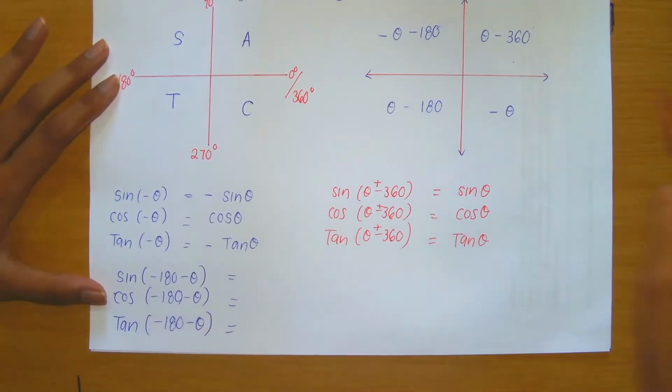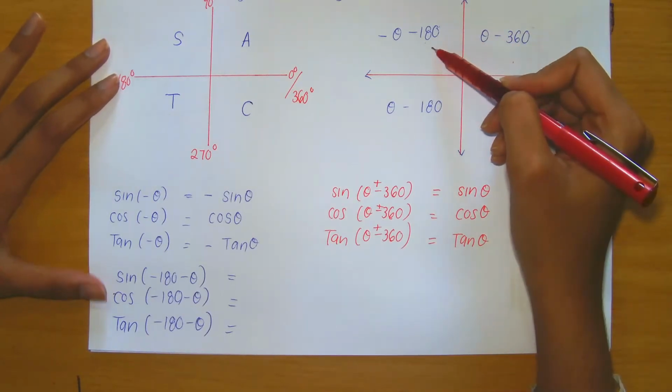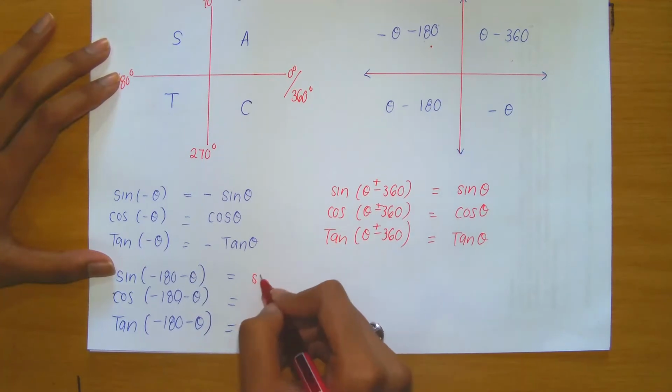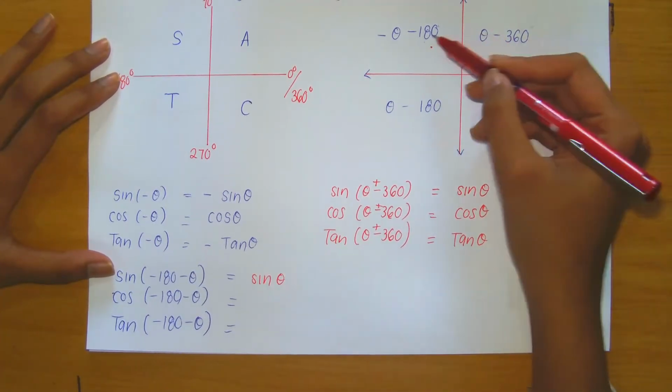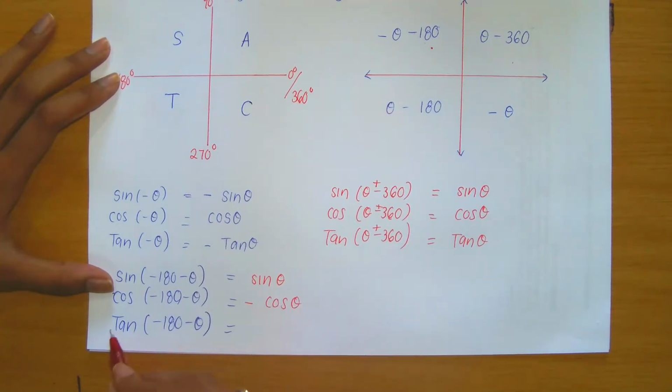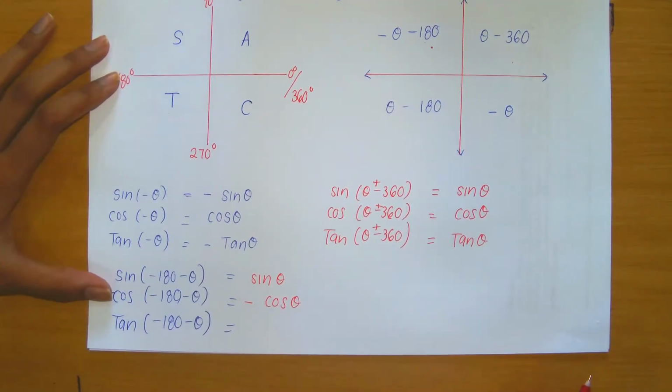Right, so we're in the 2nd quadrant, and we know that only sine is positive. So we then have that this is equal to sine theta. This will then be equal to negative cos theta, and tan of minus 180 minus theta is going to be equal to negative tan theta.